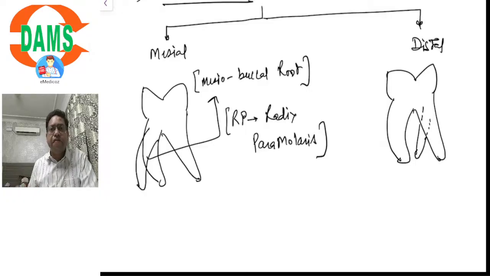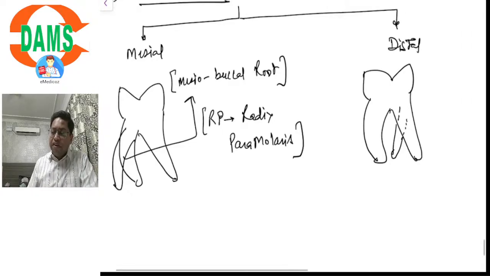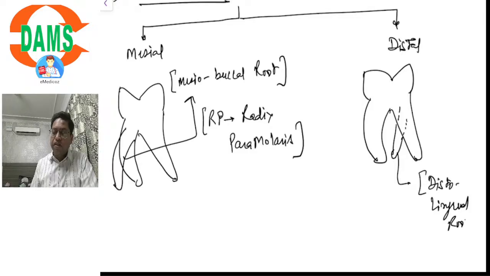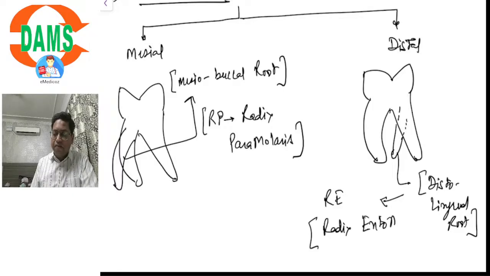RP is a standard abbreviation. It is called radix paramolaris. When the extra root is present distally, it is mostly on the distolingual aspect. It is an extra distolingual root and it is called RE, that is radix entomolaris.